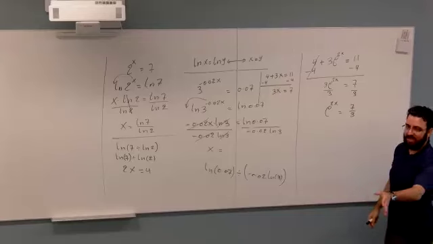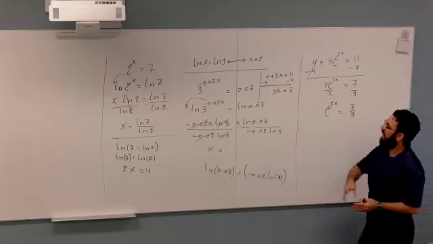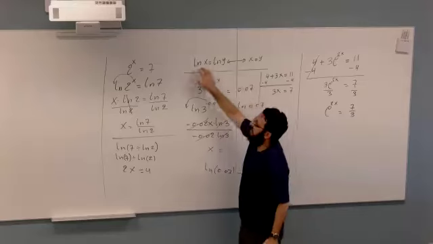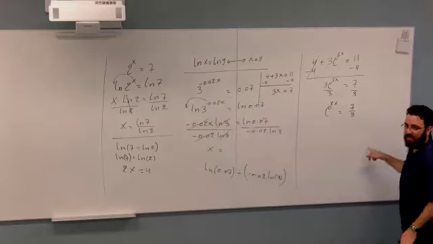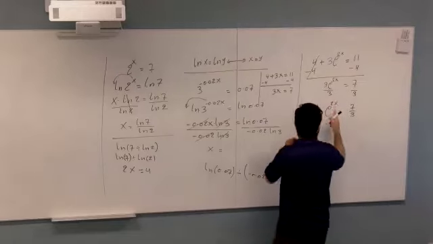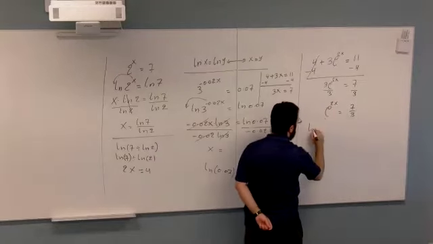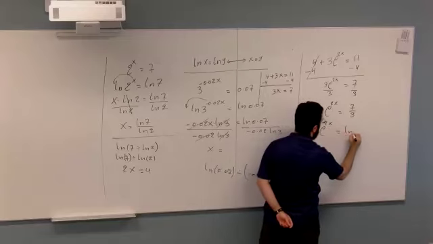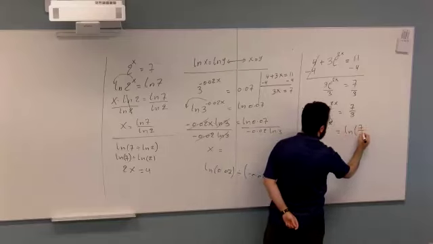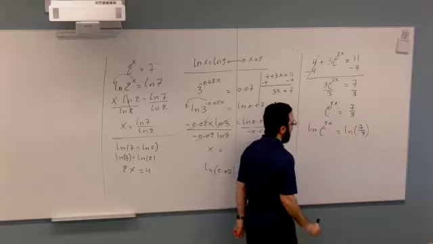If x equals y, I can take ln on both sides. The same thing here. So if I say this is x and this is y, that means I can take ln of e to the 2x equals ln of 7 over 3. Is that okay?